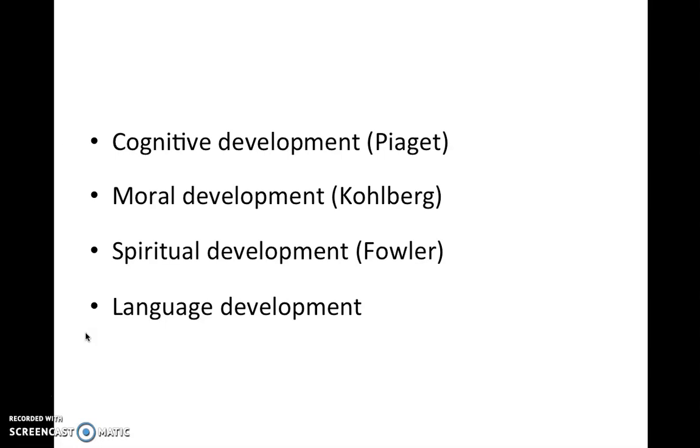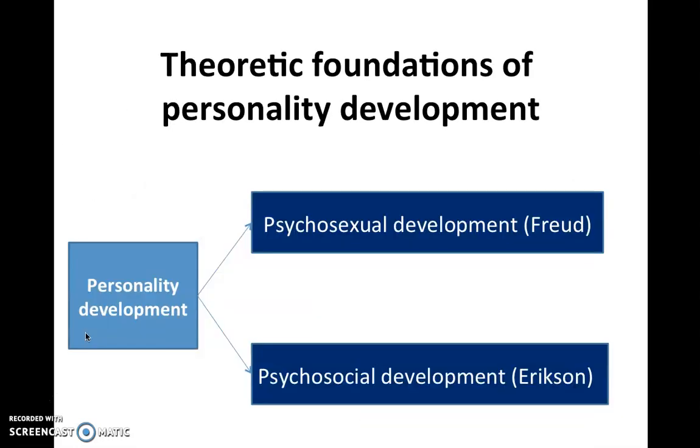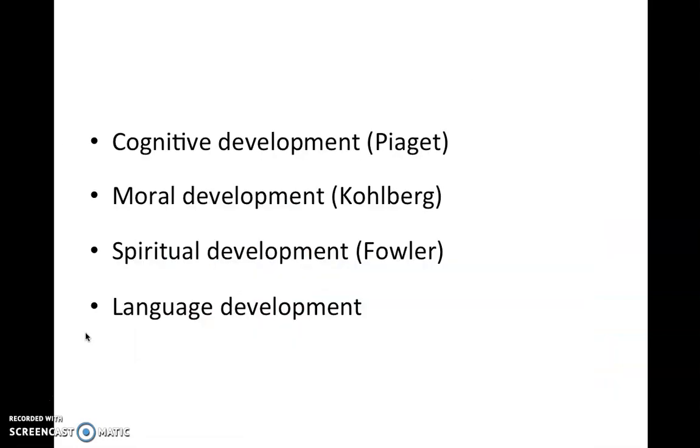These three theories explain the mental functioning of the individual, and we also have to assess language development. So these are the five theories we have to study. Psychosexual and psychosocial development explain the personality of the individual, and the mental abilities are explained by cognitive, moral and spiritual development.